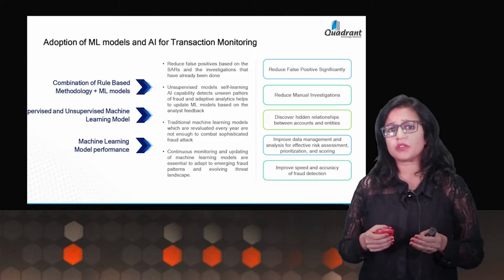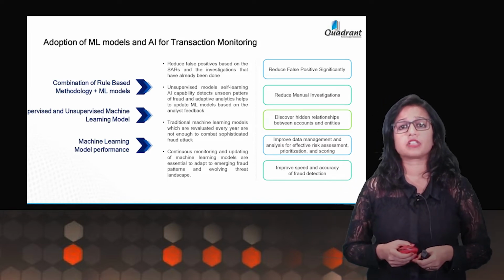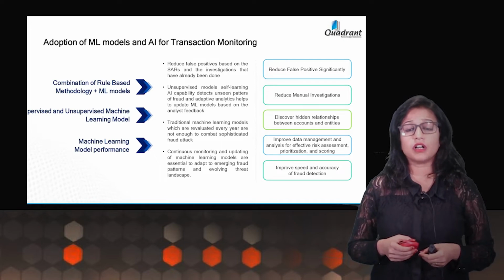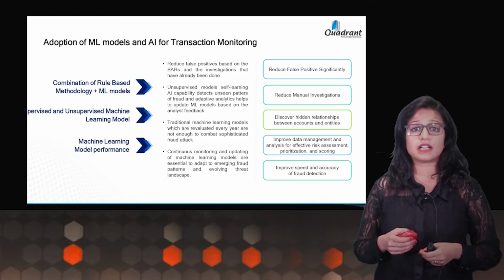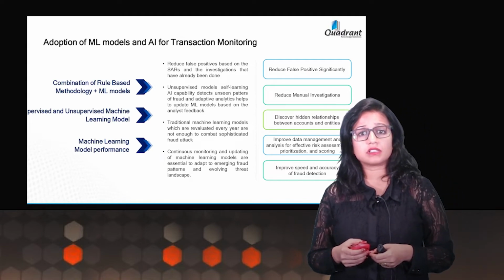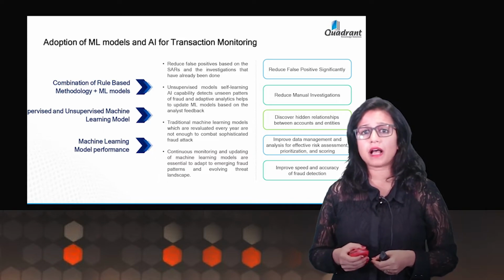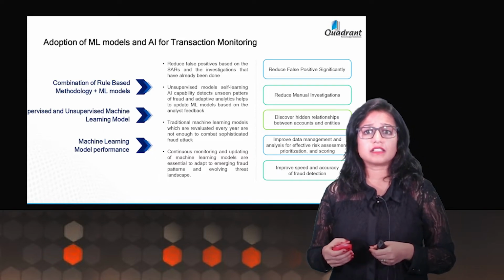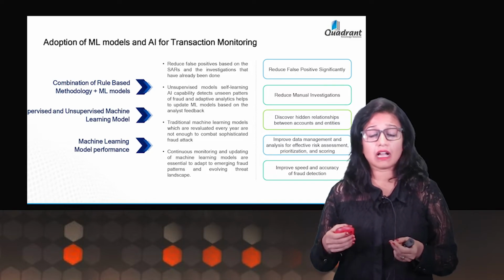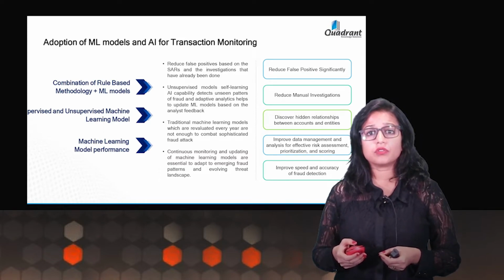Supervised ML is helping FIs reduce false positives based on SARs and investigate further, or rather build on investigations that have already been done. Unsupervised ML models are helping FIs to detect unseen patterns or fraud that has not been discovered by any investigator during the transaction monitoring process.